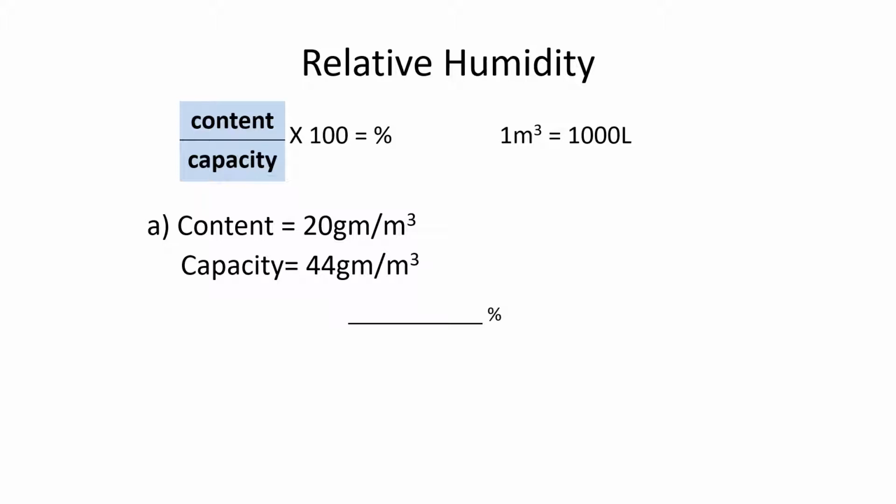Same equation, you're just going to take the quotient and multiply by 100 to get your relative humidity. Depending on the temperature and condition, this is how much 1 meter cubed can hold. So you're going to have to be able to convert: 1 meter cubed is how many liters?